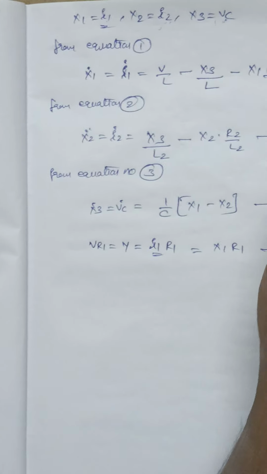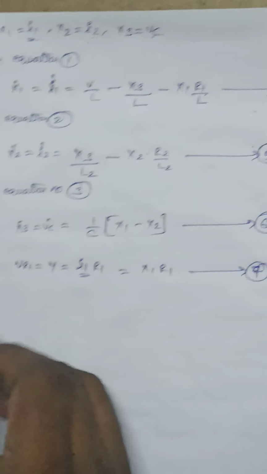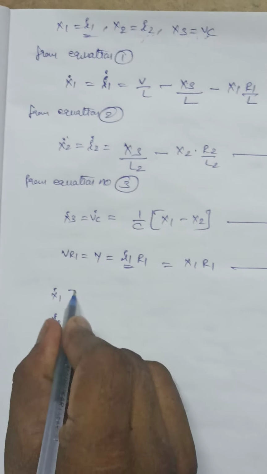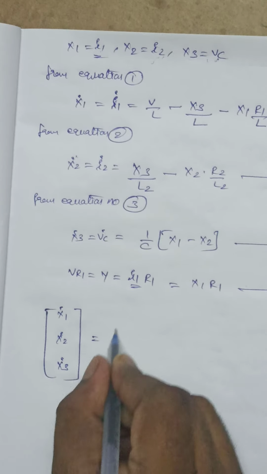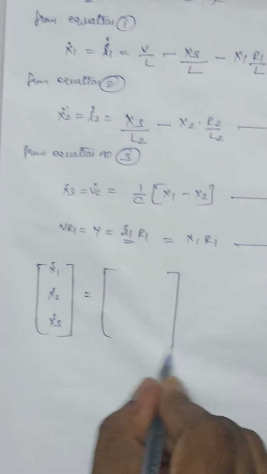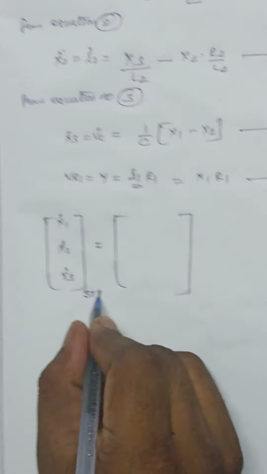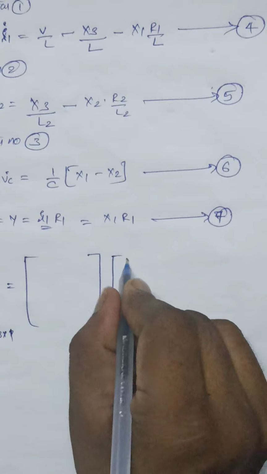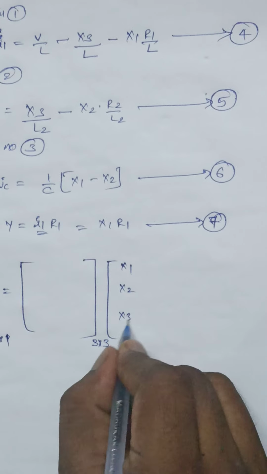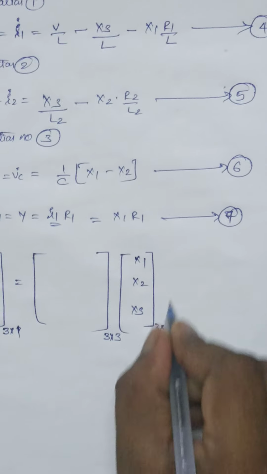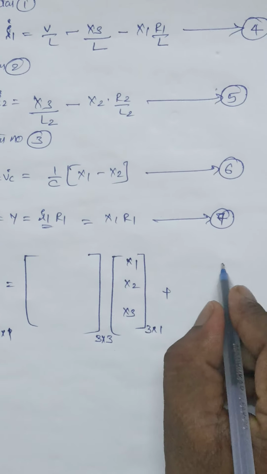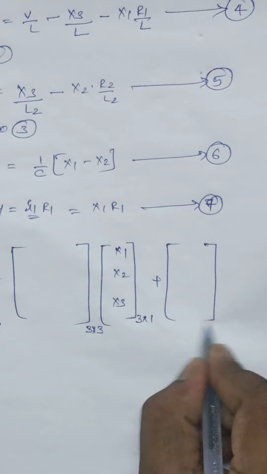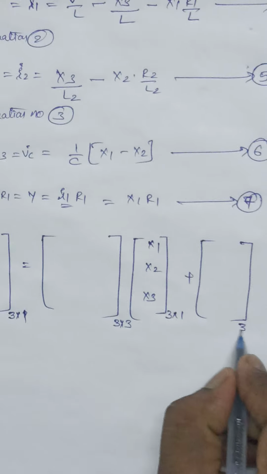Now you write down the state model for these equations. That is x1 dot, x2 dot, x3 dot is equal to a matrix. Three variables are there, so it is a 3 by 1 matrix, and the A matrix will be 3 by 3, multiplied by x1, x2, x3, a 3 by 1 matrix, plus the B matrix, the input matrix.